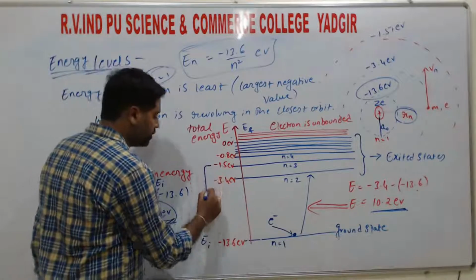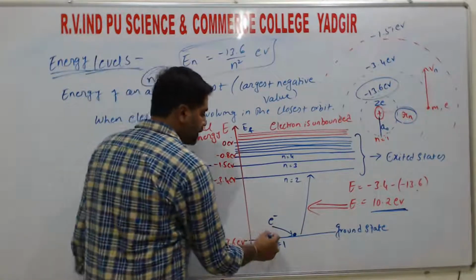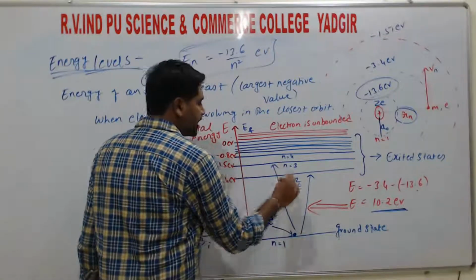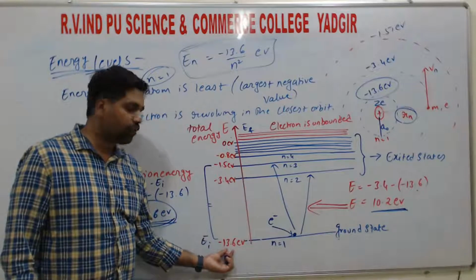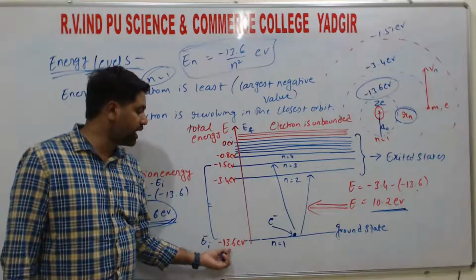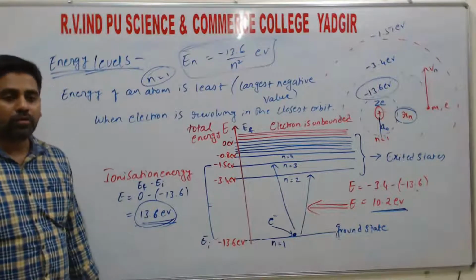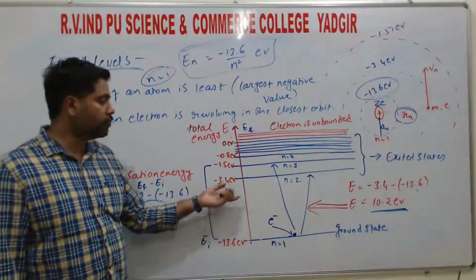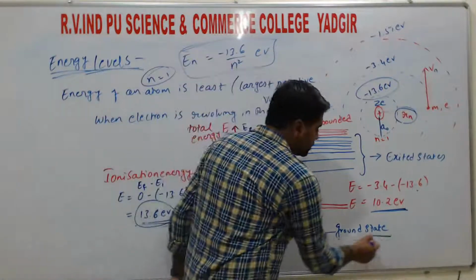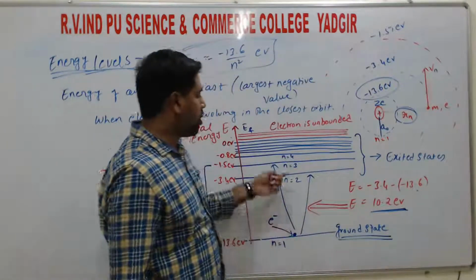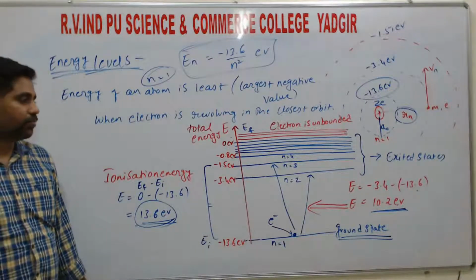Similarly, to jump to the second excited state, minus 1.5 plus 13.6, we get approximately 12.1 electron volt, right? So this is about the excitation: the lowest state we call the ground state, and all other remaining states we call the excited states, right?